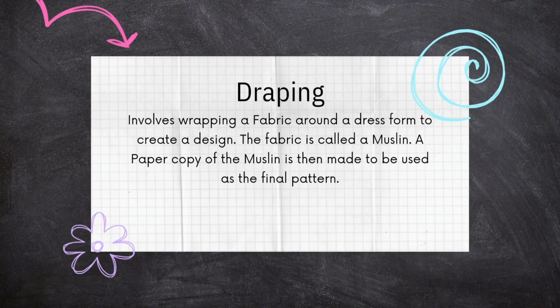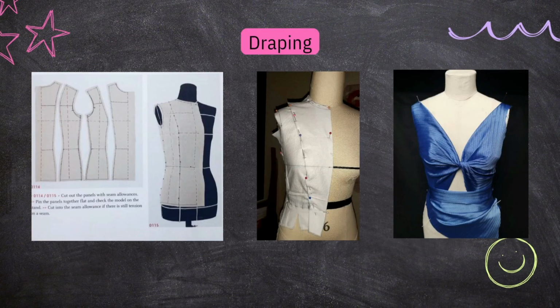So what is draping? Draping involves wrapping a fabric around the dress form. The dress form is the mannequin. You get a fabric, which is usually a muslin, or locally called calico. It's a cheap cotton fabric which is used to drape on the dress form.